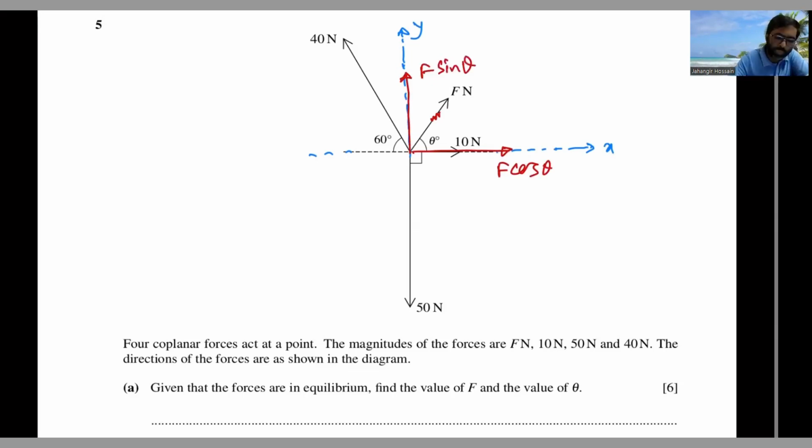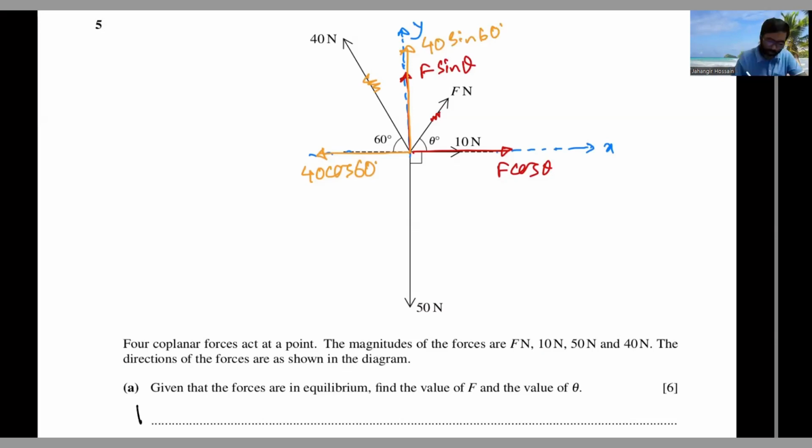For 40 Newton, the angle with the negative x-axis is 60 degrees, so its components are 40 cos 60 degrees and 40 sin 60 degrees, and it lies in the second quadrant. In the second quadrant, x is negative, y is positive. So the x component is in the negative direction, and the y component is in the positive direction. Now the forces are in equilibrium, so they are balanced.